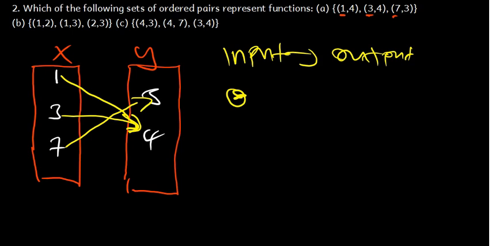Okay, that is the first point. Then the next point, it is okay to have two different elements of x go to the same element of y, but it is not possible to have two different elements of y going to one element of x. Okay, so this is a function. Okay, so let's go to part B.